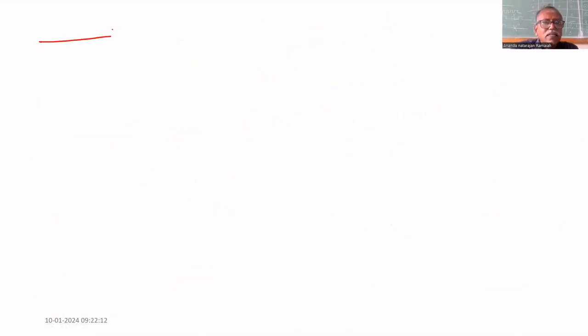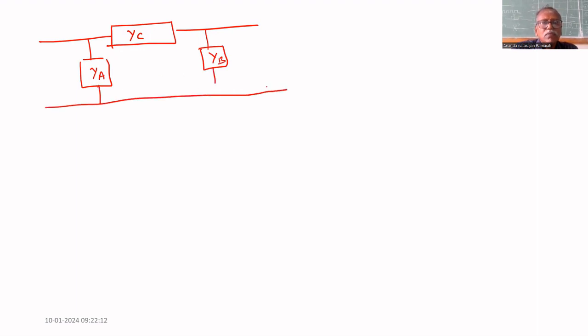Let us consider this circuit. YC, YA, YB. We are applying a voltage of V2 here. Current is I2. This is short circuited, V1 equal to 0.